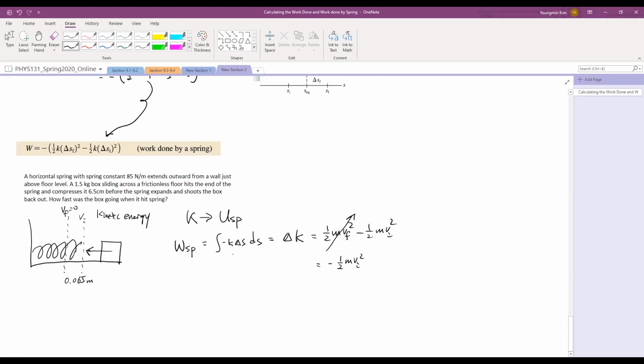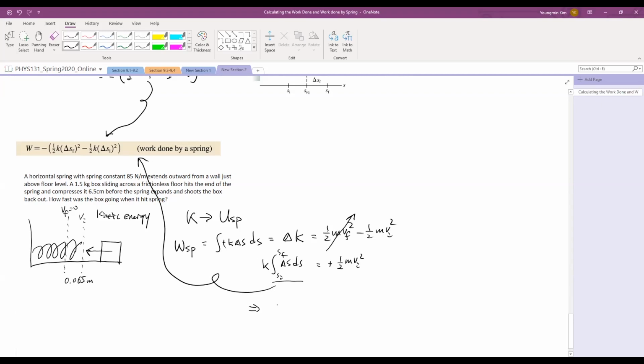On the other side, let's get rid of the minus sign here. We will have simply k and delta s ds, from s initial to s final. And this part is the same as what we derived already up here.